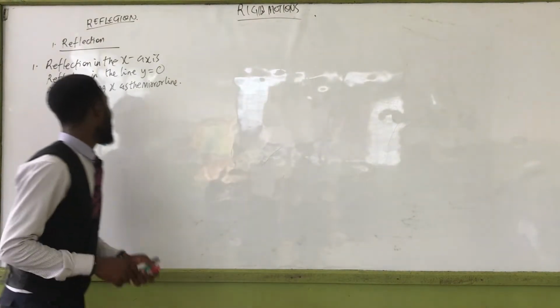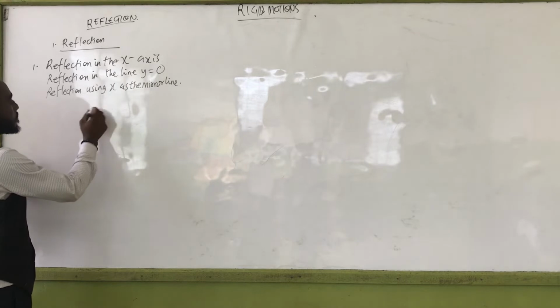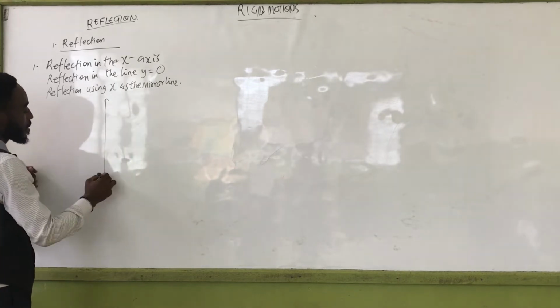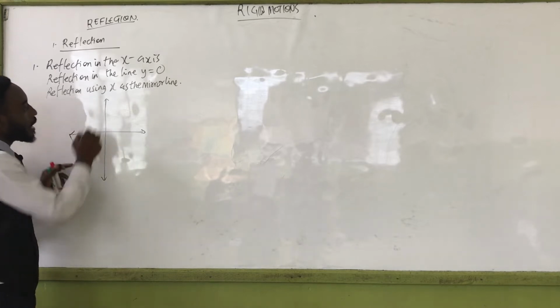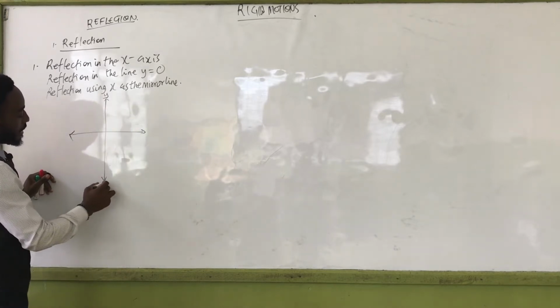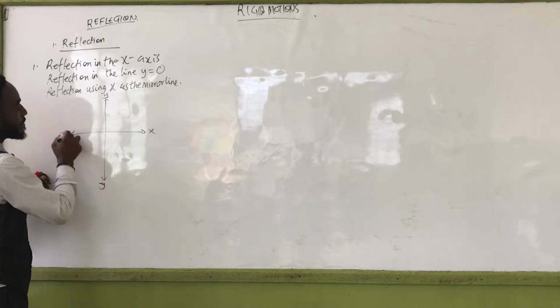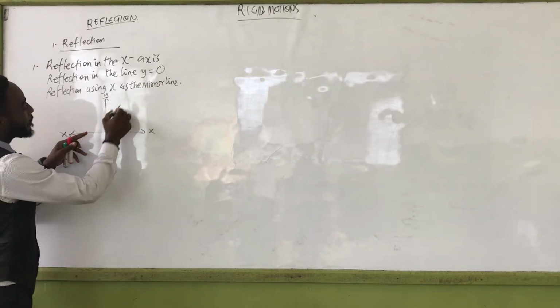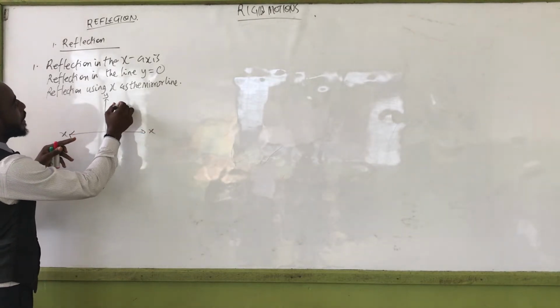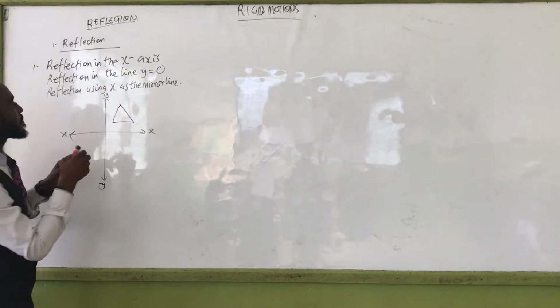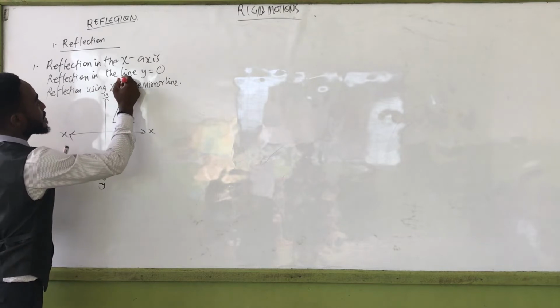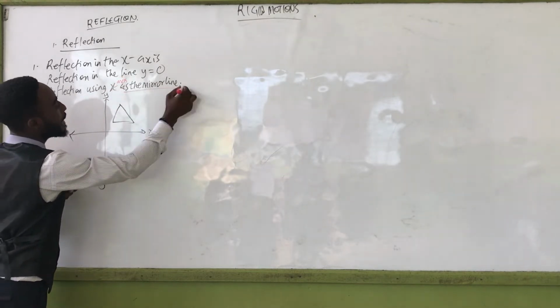So when we have reflection using x as a mirror line, we have something like this. We'll have a y-axis, negative y, and the x-axis like this. If we have our image here, we are using the x-axis as our mirror line.